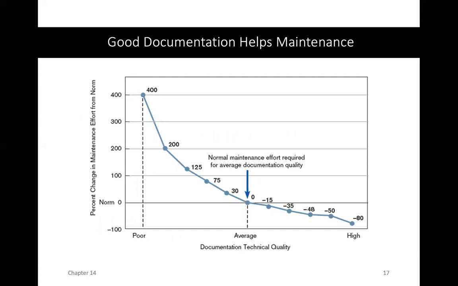So if you look at where it says 400 for poor, system maintenance effort takes 400% longer with poor quality documentation. Conversely, if you look at -80 and high on the bottom right, high quality documentation leads to an 80% reduction in system maintenance effort from the norm or average.